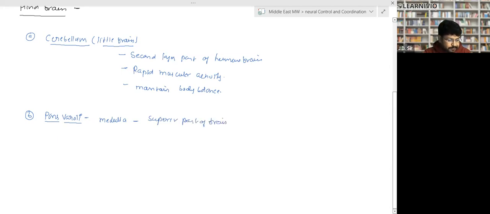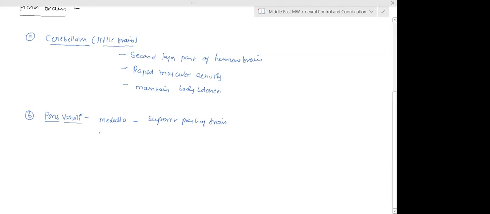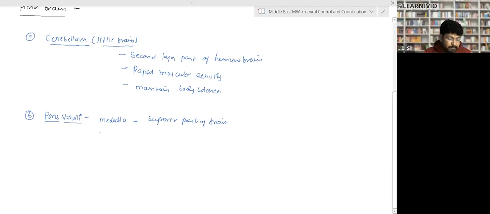Full stop. Sir, can you repeat again? It relays impulses between the medulla oblongata and the superior part of the brain.